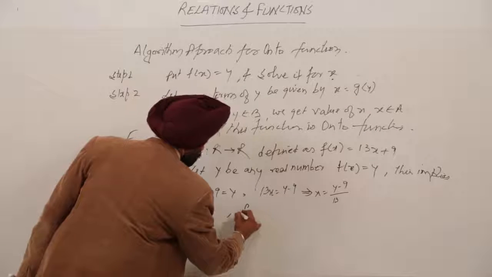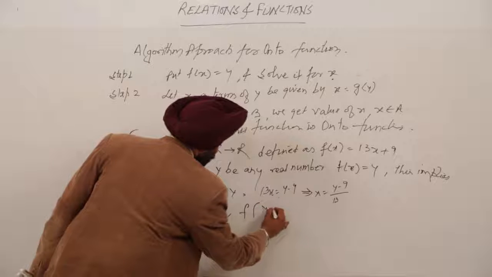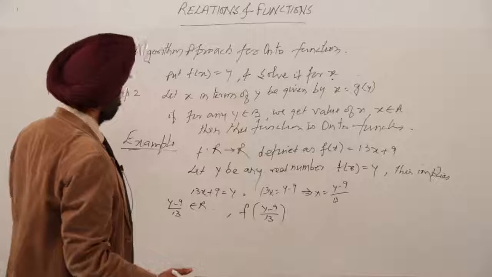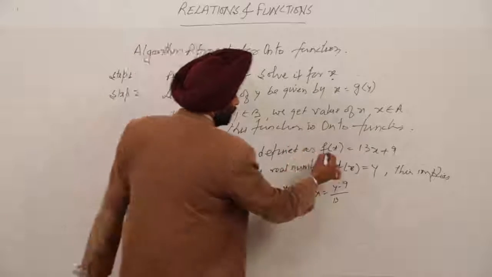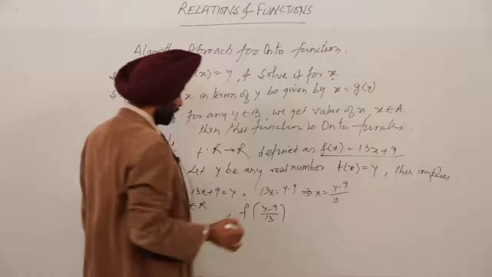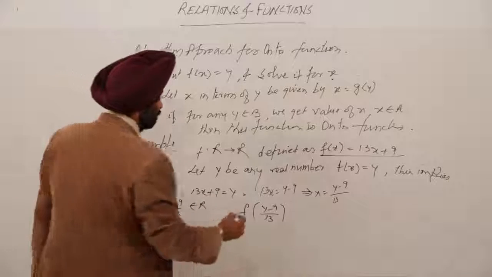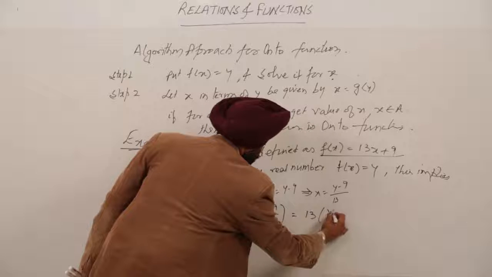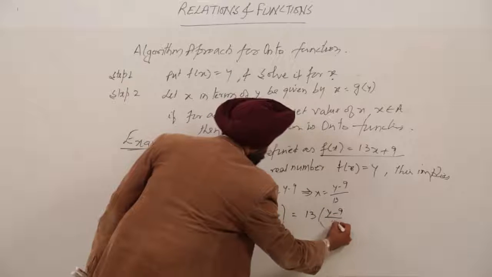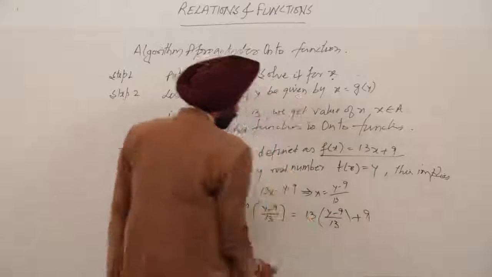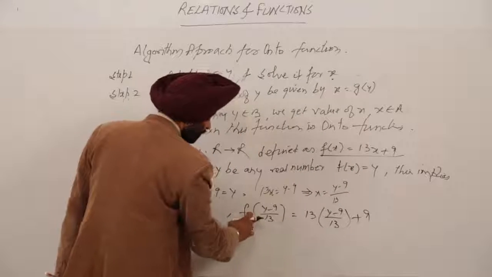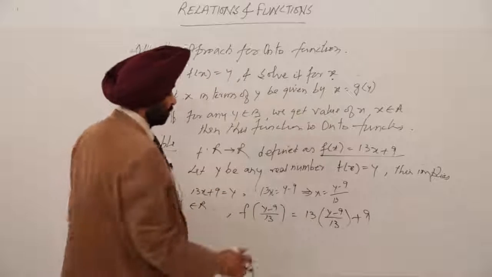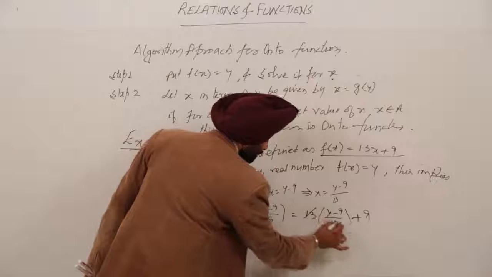Now f of (y minus 9) upon 13 is equal to what? Earlier we had f(x) equal to 13x plus 9. Now f of (y minus 9) upon 13 is equal to 13 times (y minus 9) upon 13 plus 9. Now in place of x I have taken (y minus 9) upon 13. When you solve it, this cancels.